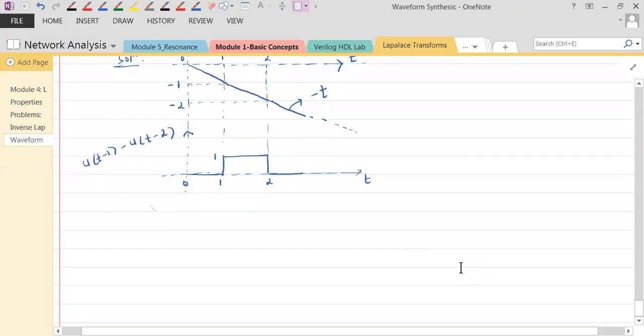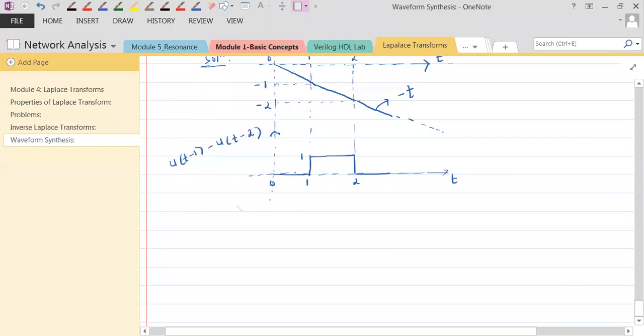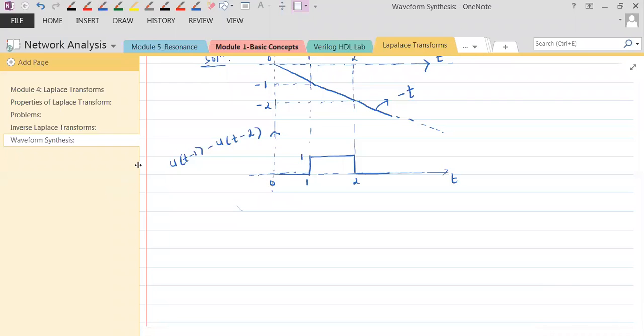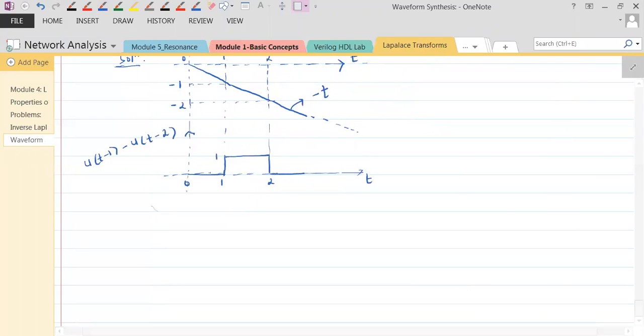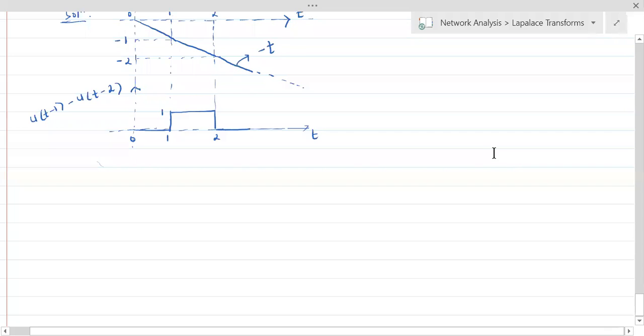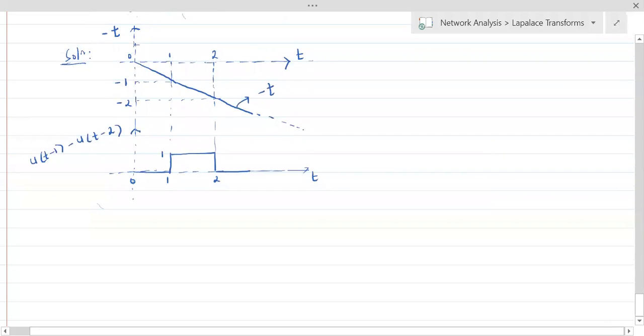So this is the multiplication of these two. It looks like this. Everybody see here. Just extend this down: minus t into u of t minus 1 minus u of t minus 2.